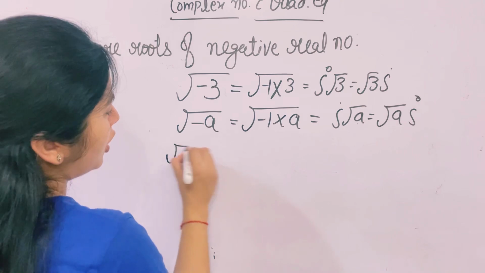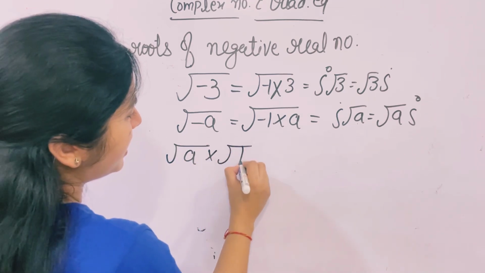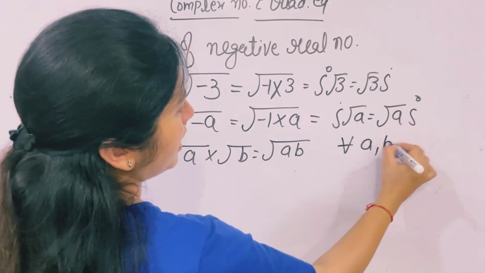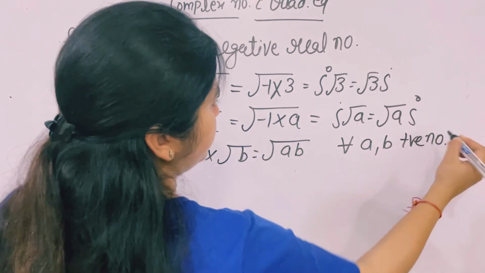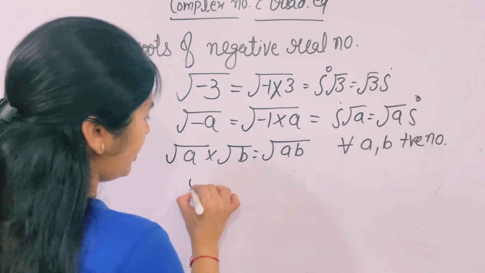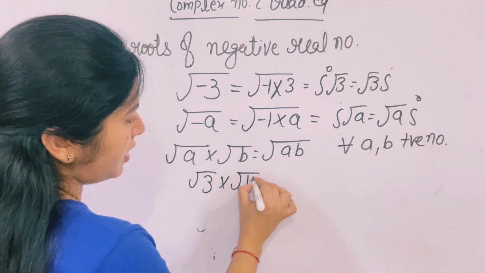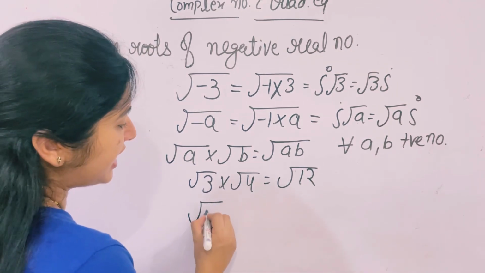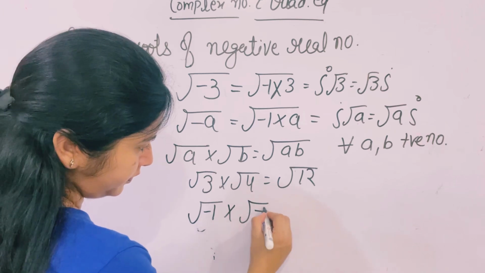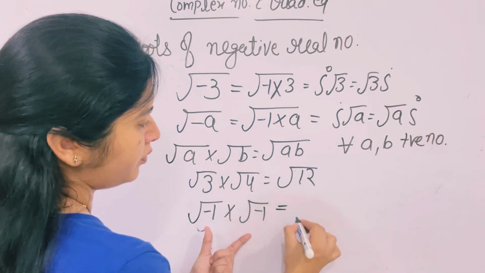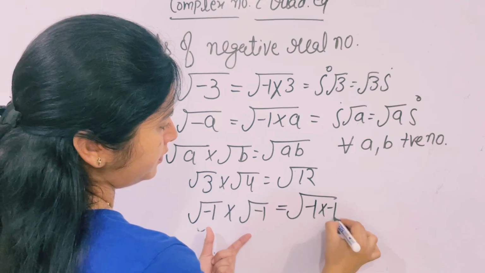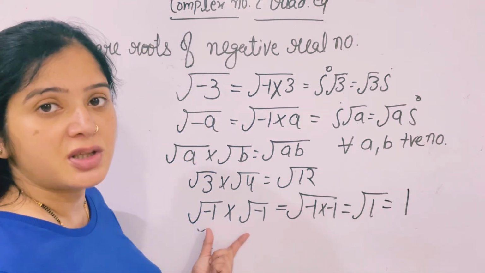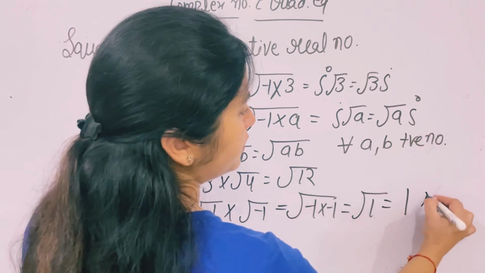We know that root a multiplied by root b becomes root ab, but for this, a and b should be positive real numbers. Like root 3 into root 4 becomes root 12. But if we take both negative numbers, root minus 1 into root minus 1 would become root 1, which is 1, which is not true.